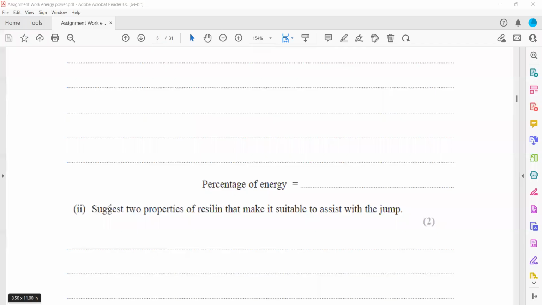In the second part, suggest two properties that make it suitable to assist the jump. So why will the jump be assisted by using a pad, like a protein pad? Why can it assist or help the jump? First thing, for a material to transfer a greater amount of energy with a small force, it should have a low stiffness or low Young's modulus.